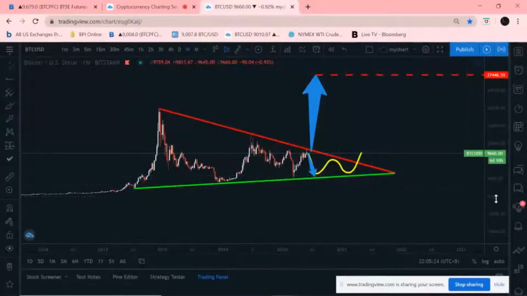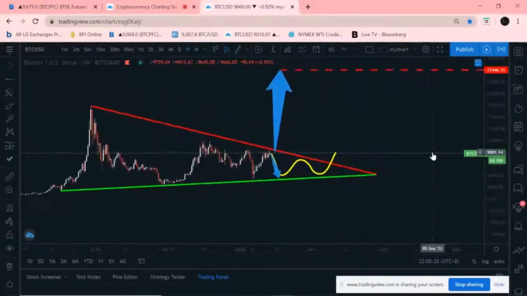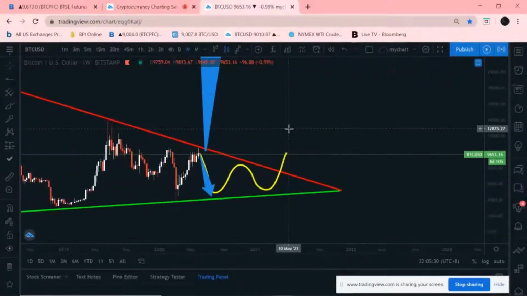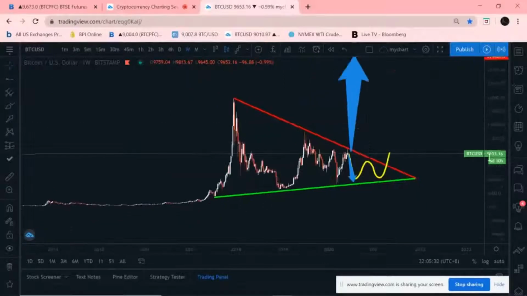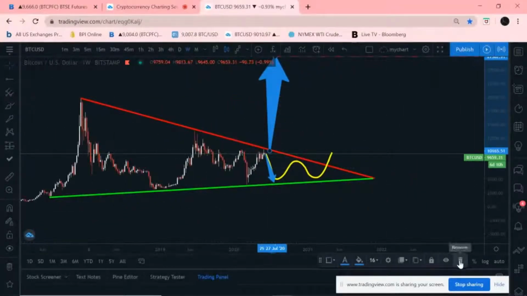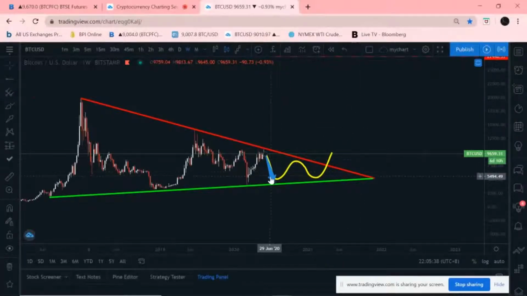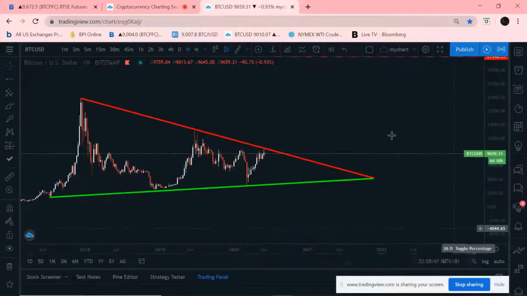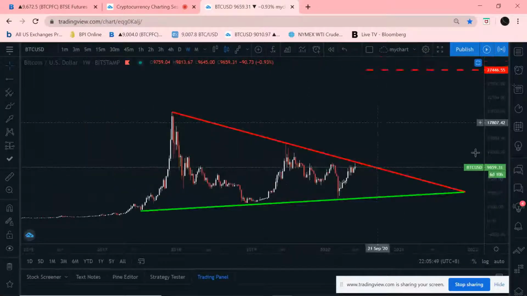This is actually the worst case that we're looking at in case it fails to break out again at 10,400. Now that's actually our long term, depending on where the breakout comes.